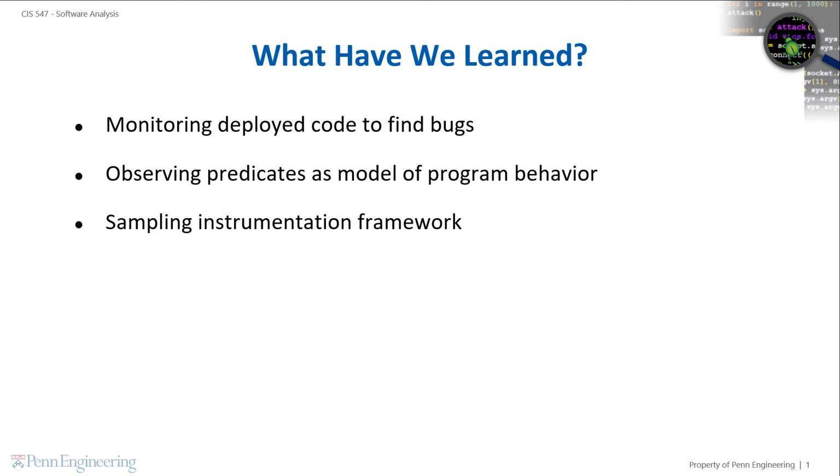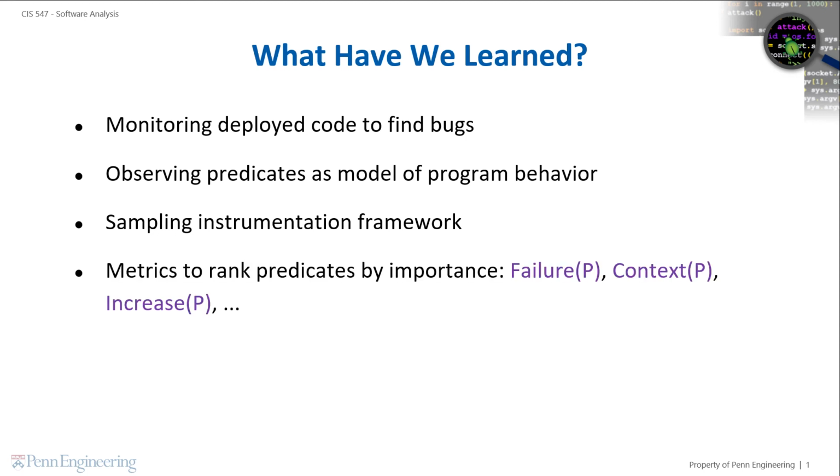We saw how to reduce the impact of these observations on users' experience by using a sampling framework that amortizes the cost of randomly deciding whether or not to sample an observation. The errors caused by lost information in these samples are mitigated by the large number of users we collect reports from. We defined metrics to rank the predicates' importance to our debugging efforts.